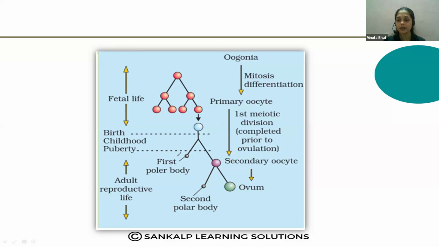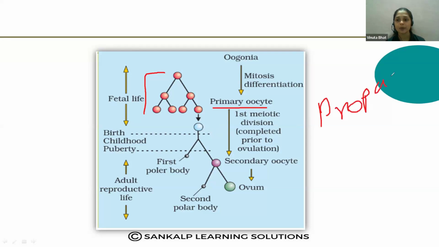Next I will continue. In fetal life, the oogonial cells form and develop into primary oocytes. The primary oocyte begins the meiotic division, but this meiotic division is arrested in the prophase 1 stage.